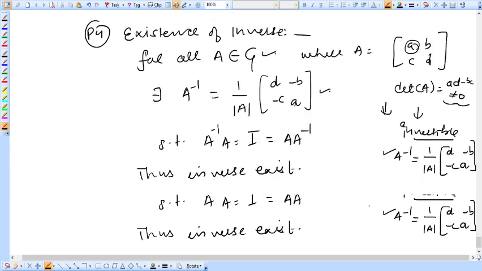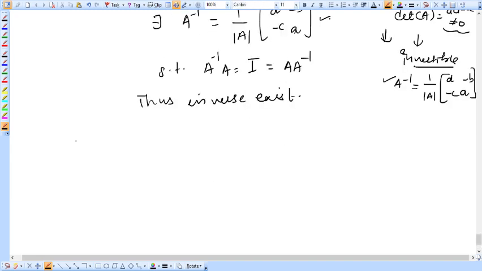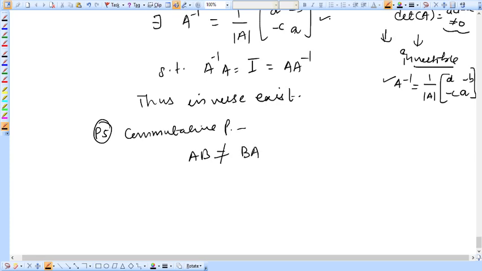So now let us look at the fifth property, which is commutative property. We know that AB is not equal to BA always. Therefore it does not obey commutative law, right?